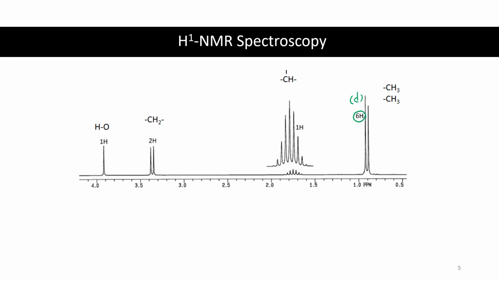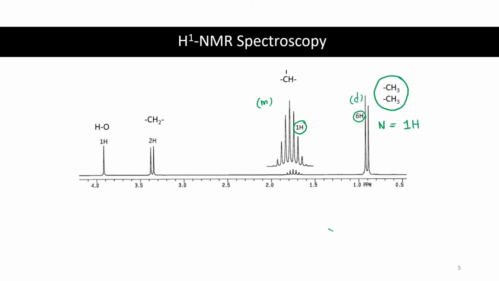That would automatically mean there are 2 CH3 groups that are chemically equivalent, and their neighbor has only 1 hydrogen. And over here we have a multiplet that represents just 1 hydrogen, so it's probably a CH group, and it has a whole bunch of protons on its immediate carbon neighbors.